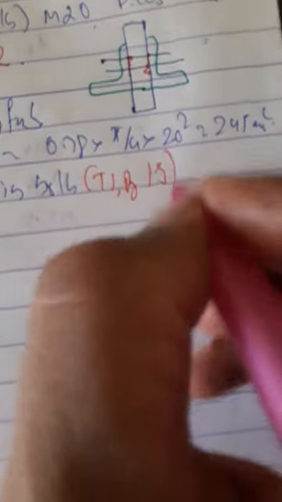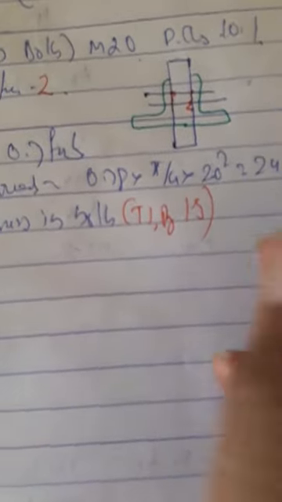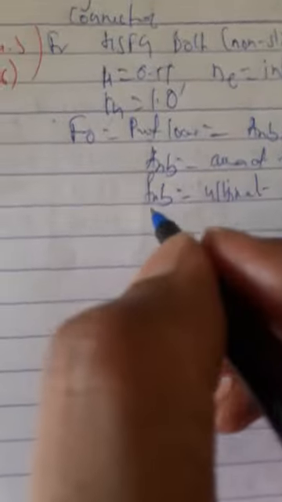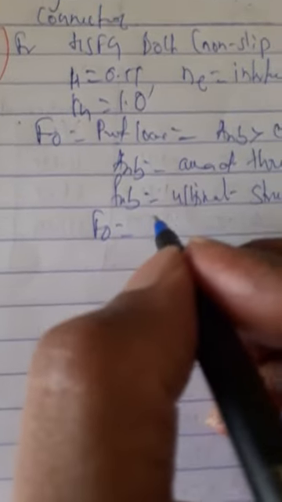For this refer to table 1, page 13. So you have the value fub is equal to 1000 MPa. So capital F0 is equal to Anb into 0.7 into fub. So you have the answer 171.5 kilonewtons. That is capital F0.